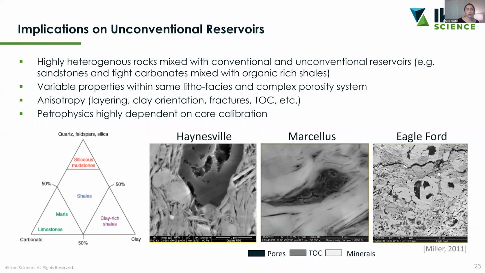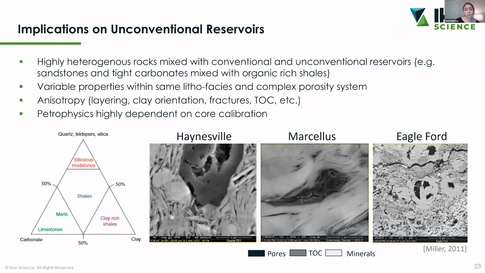So when we look at the petrophysical model, we need to apply also better techniques, or techniques that consider the multi-mineral nature of this rock that are nicely represented by this theoretical ternary plot here. We also have variable properties within the same facies, and we have complex porosity systems that could be attributed to the non-kerogen portion and the kerogen portion itself. Anisotropy is another concern.